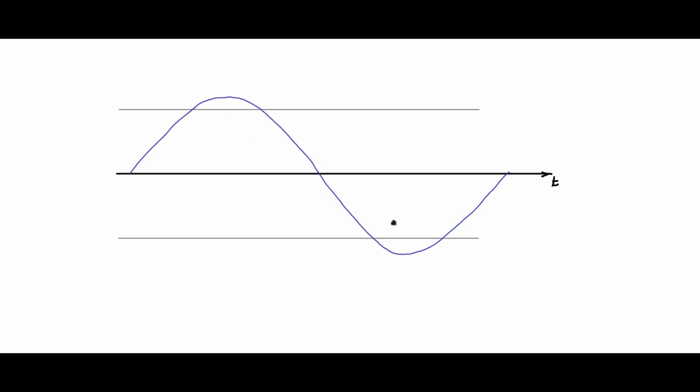Now let us say I have a sine like this. It is shooting over more than 100%. Can I modulate this? You will see that once this 100% modulation is reached, it goes to over modulation. It is no longer linear, and a proper PWM wave will not be obtained.